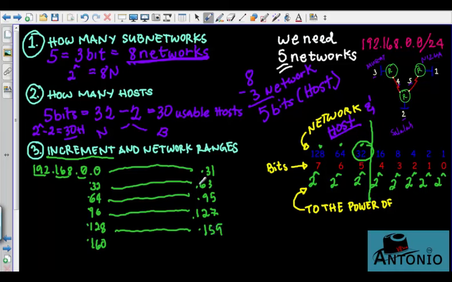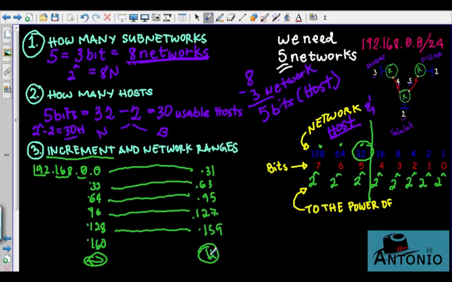So how many networks do we have now? 1, 2, 3, 4, 5. And if we continue, as I said, we will reach 8 networks. So what are our network ranges in between? As in our computation on number 2, we have 32 hosts, but we minus 2 because this is the network, I will write N, and these are the hosts.